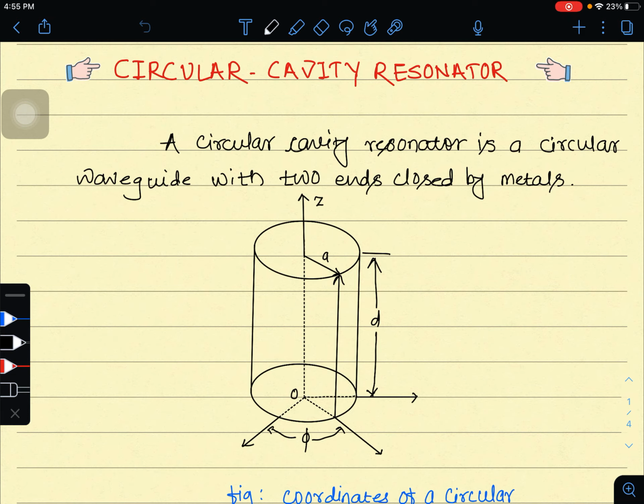From the last few lectures, we are discussing the waveguide as well as the cavity resonator. In the last lecture, we discussed the microwave cavities.